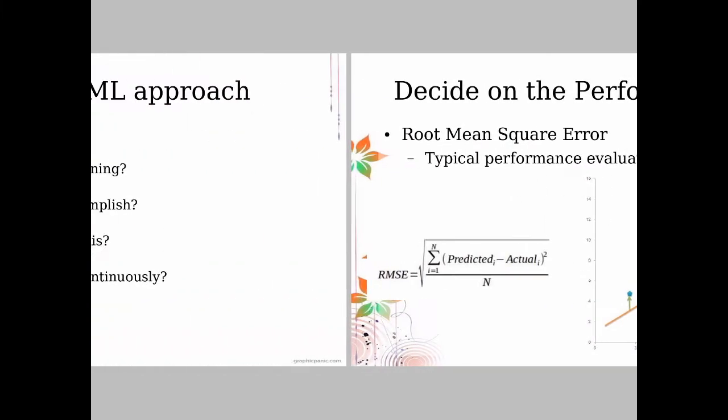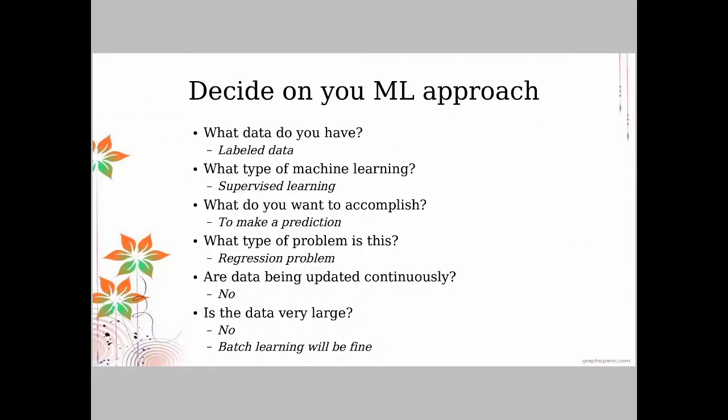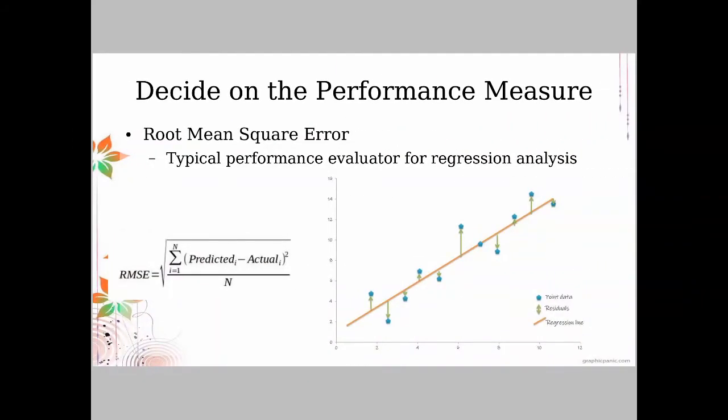Now once we have trained the model, we need to know how well the model is performing. Since this is a regression analysis, one of the usually used performance evaluators is the root mean square error. Why do we need a performance measure? Of course, we can train and create models, but how do we know that this model will be accurate?